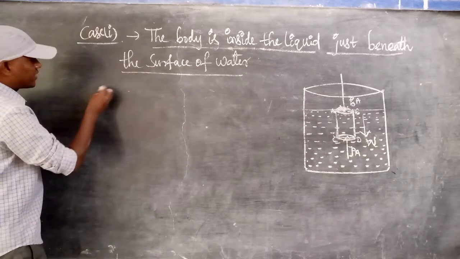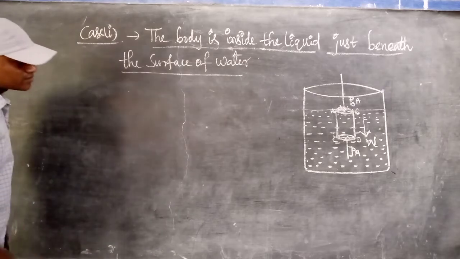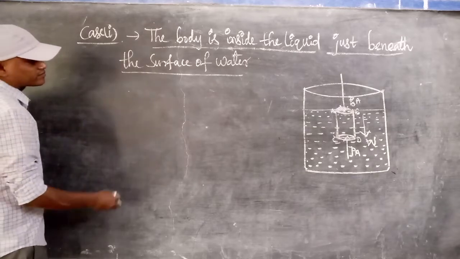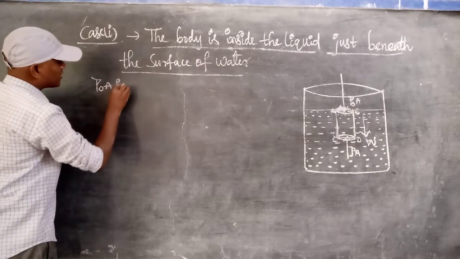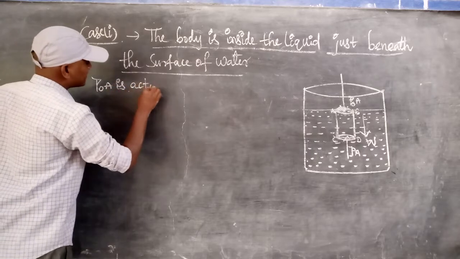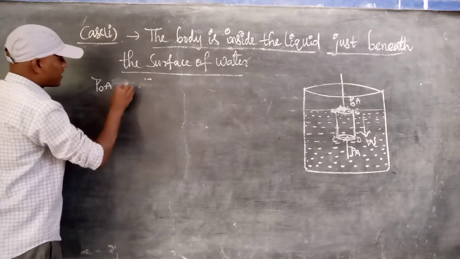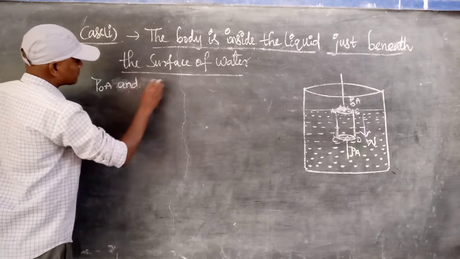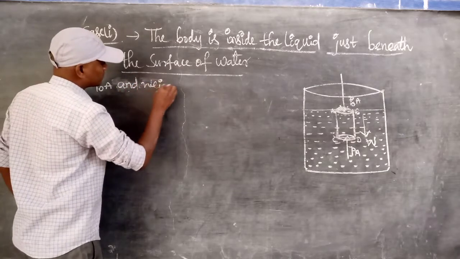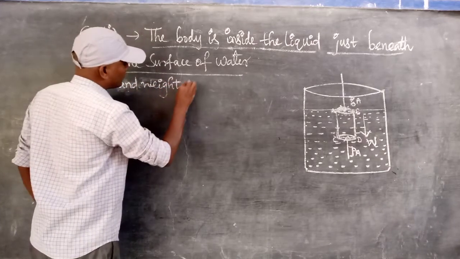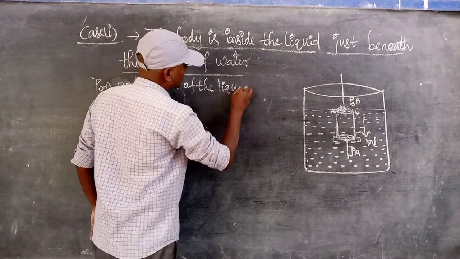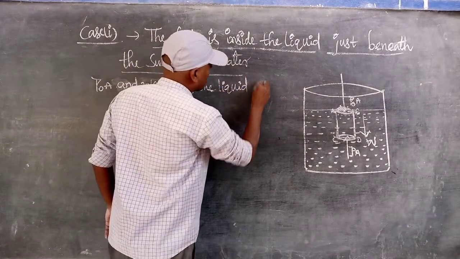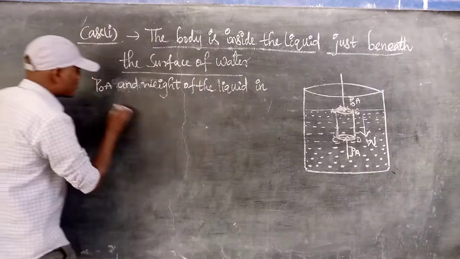So here mainly you can say P naught A is acting downward, and the weight of the liquid, in which direction? Downward direction.